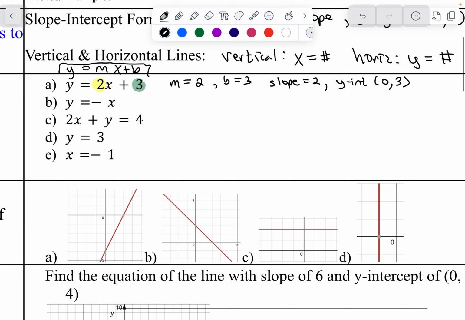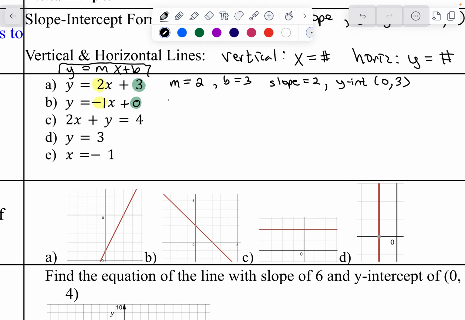So let's do the next one. Now the next one's a little trickier, not much, but because some things are hiding. So y equals negative x, you would want to think about that as y equals negative 1x plus 0. So then you can clearly see that our slope is negative 1 and our y-intercept is 0.